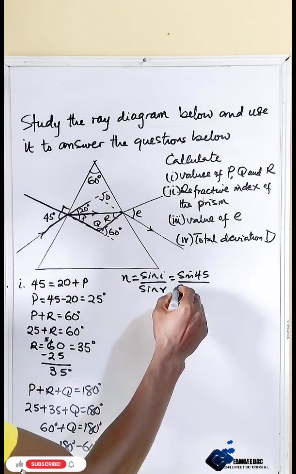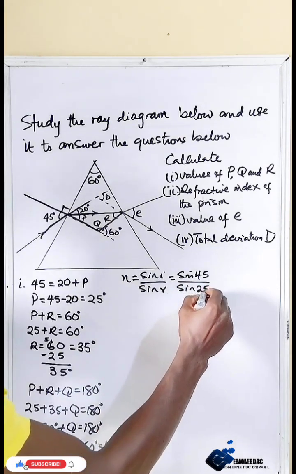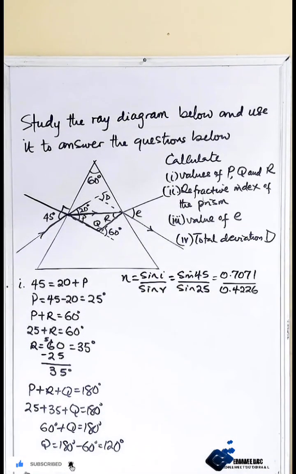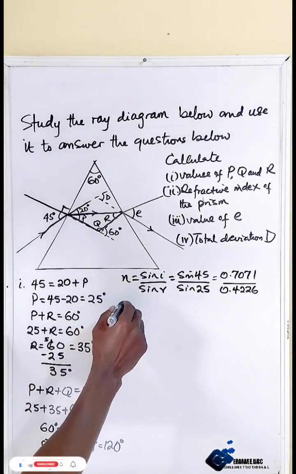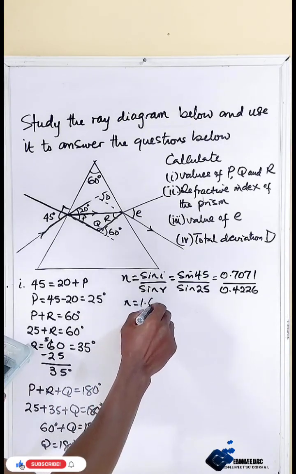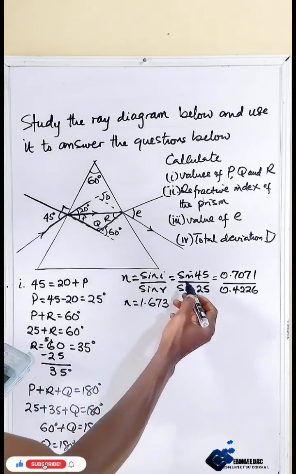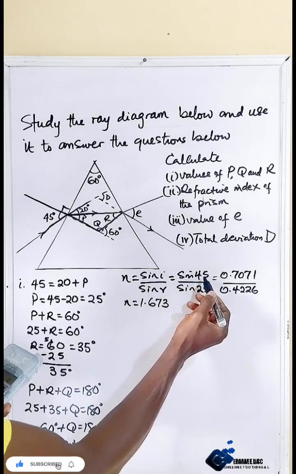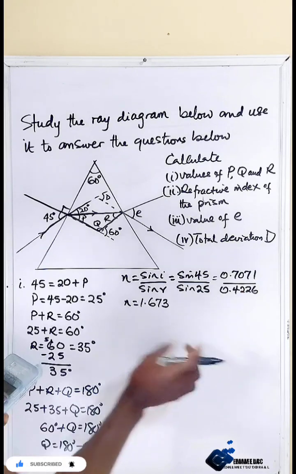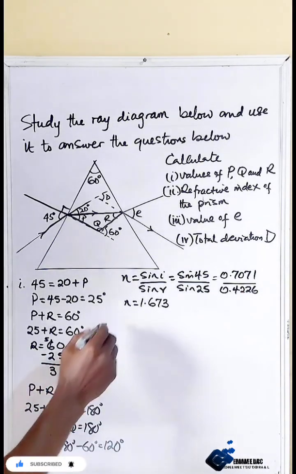That'll be sine 25. Now punching our calculator here, we have that N, the refractive index of the prism, will give us 1.673, after sine 45 has given us its value, sine 25 has given us its value, and by dividing we have this.